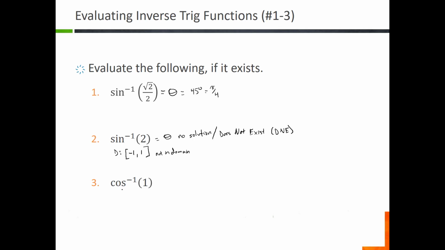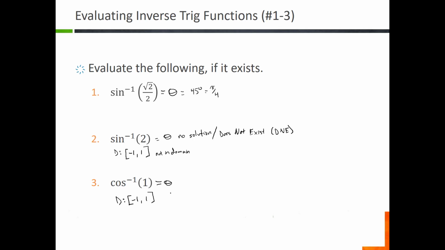All right, the third one here, what is the inverse cosine of 1? That is asking, what is the angle that makes cosine equal to 1? Let's think about our domain first, just like we did in the last one. What is the domain for inverse cosine? Same thing as sine, -1 to 1, including the 1. So the 1 is part of the domain, so we can come up with an answer here.